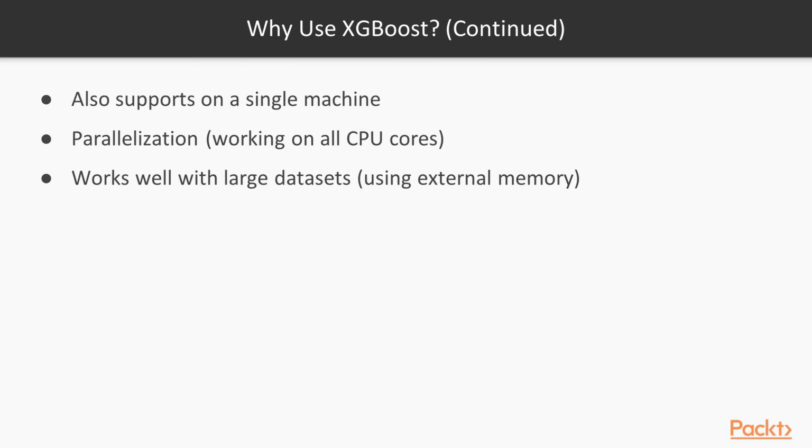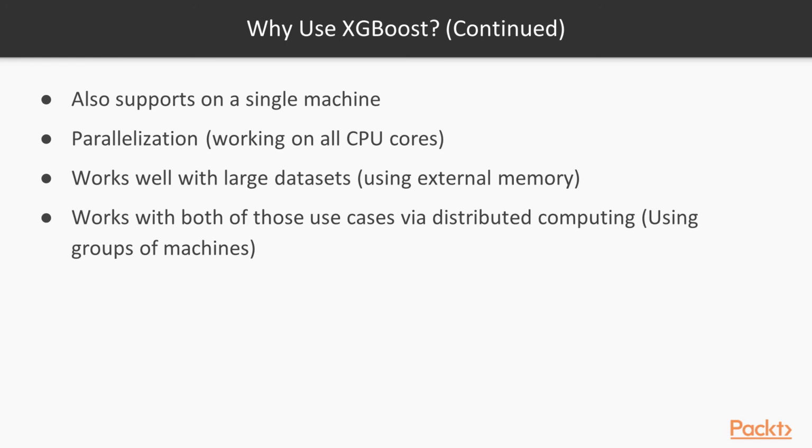Also, when it comes to memory, when you have a data set that is larger than your internal memory, it can use external memory efficiently as well. And if you have even larger data sets and also bigger models, you can use distributed computing when you have a bunch of machines in a network, also called a cluster, and you can use that group of machines to actually train your model.